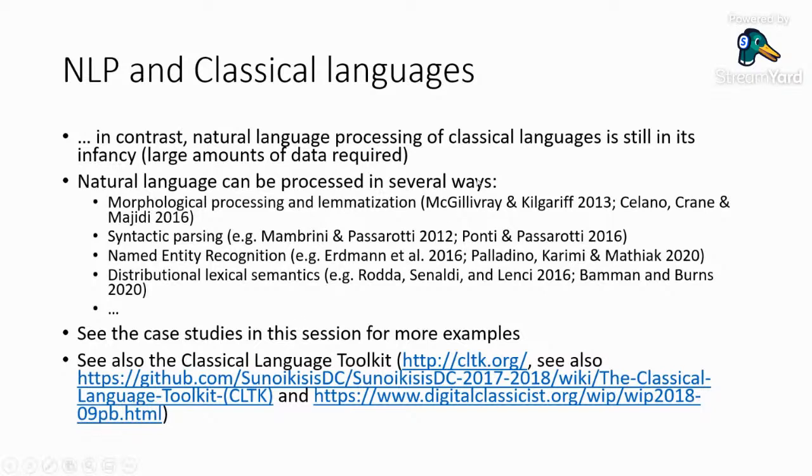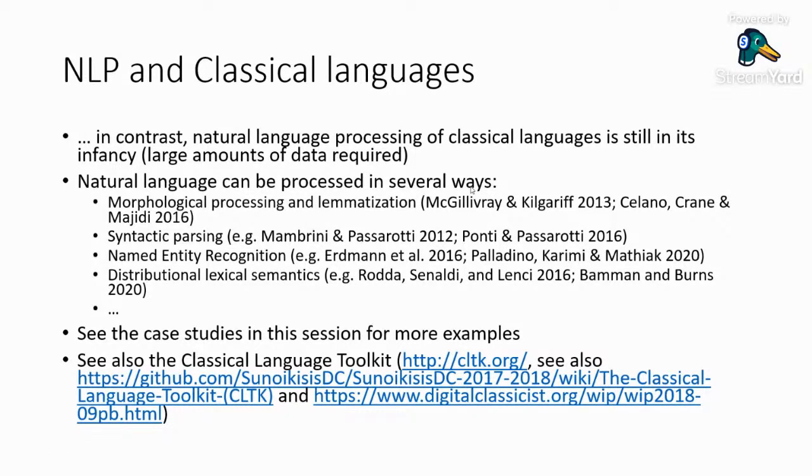So I've listed some examples of automated processing on the slide. Things like morphological processing, named entity recognition, syntactic parsing are all parts of computational linguistics, and we will see two more case studies later on.